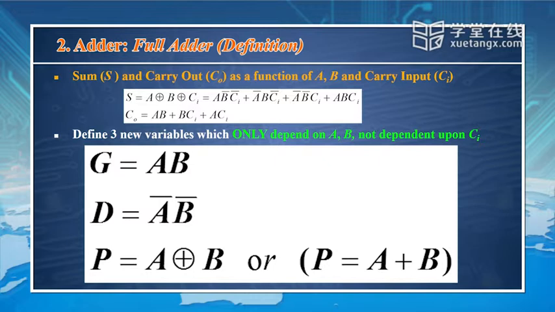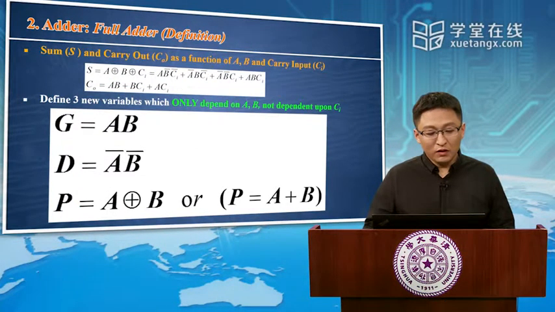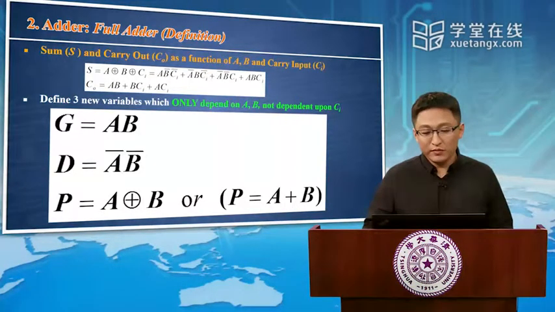P equals A exclusive OR B, or equals A plus B. It's called carry propagate. So when A is 1 and B is 0, then P is 1. Or when A is 0, B is 1, then P is 1, right? This is called carry propagate.